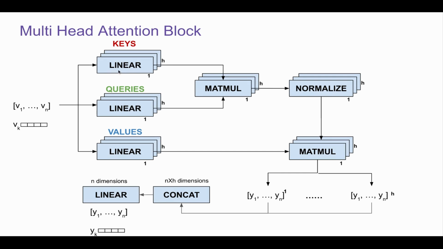So it still goes through the linear layers, keys, queries, and values still go through the matrix multiplication, normalization, and matrix multiplication with values.